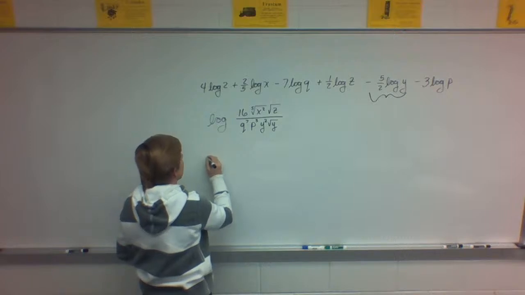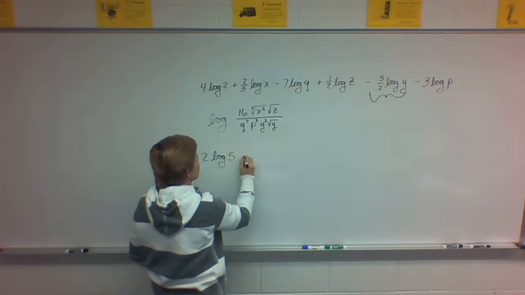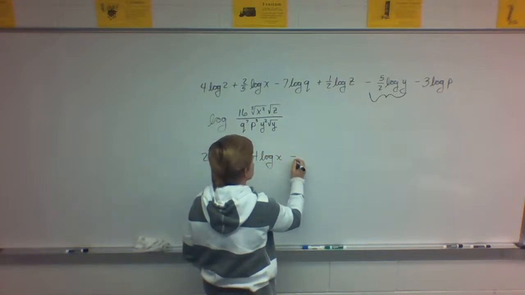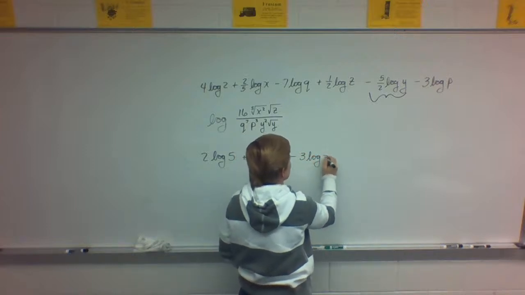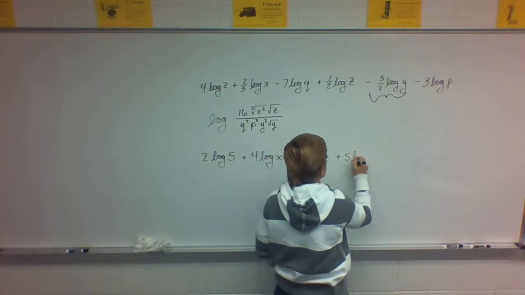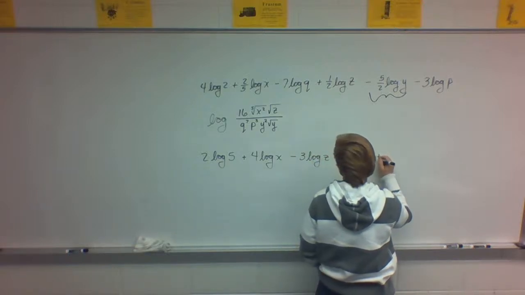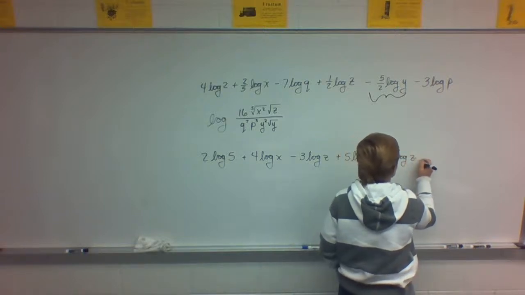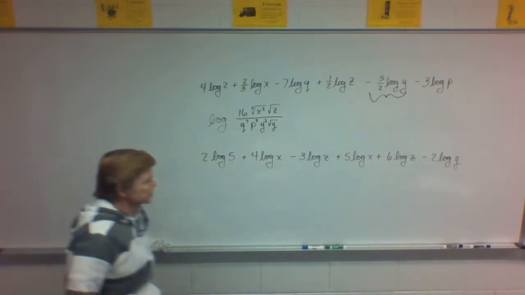It's going to be 2 log 5 plus 4 log x minus 3 log z plus 5 log x minus or plus 6 log z minus 2 log y. Okay, see if you can condense that properly.